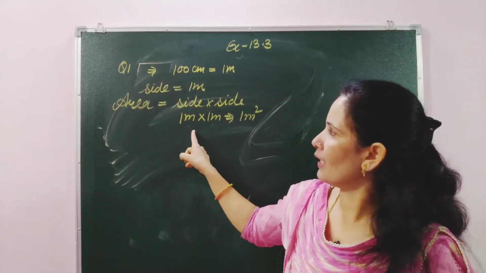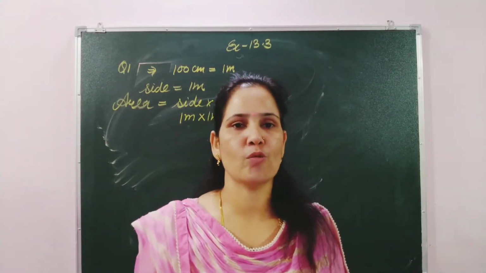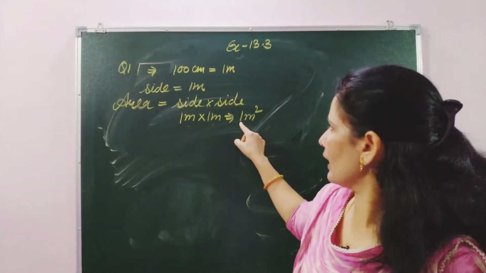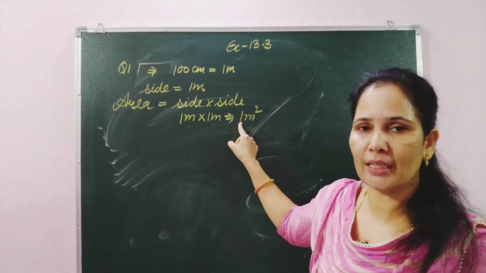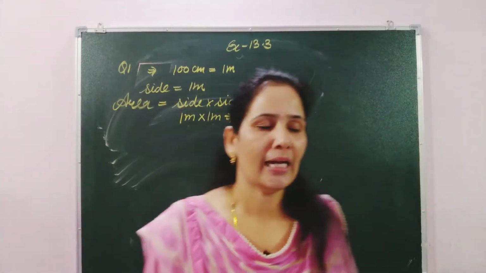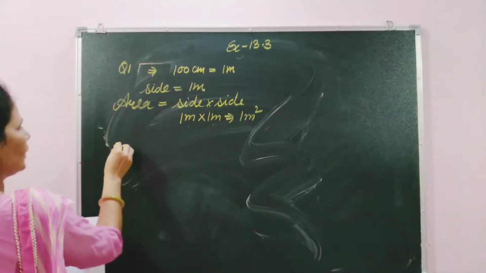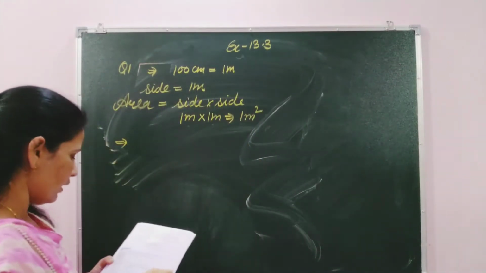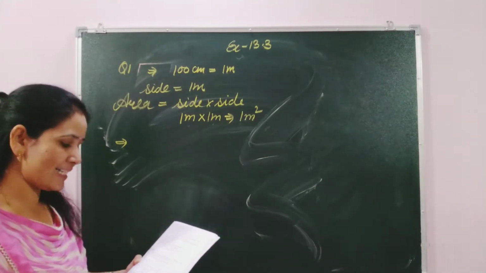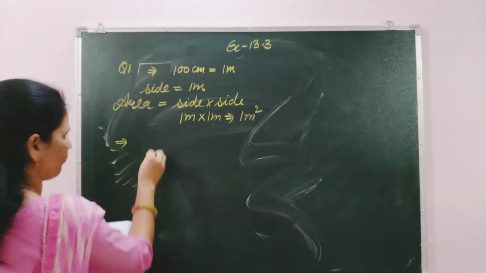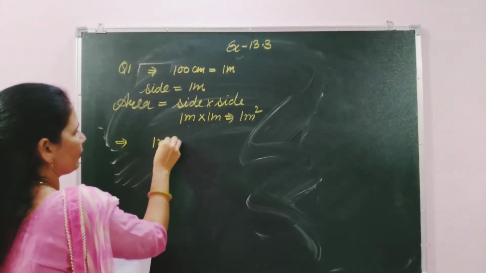So the second part, if the side of square is 1 meter, what is its area? Its area is 1 square meter. And the third part: how many square centimeter does a square meter have? Square meter means 1 meter square.